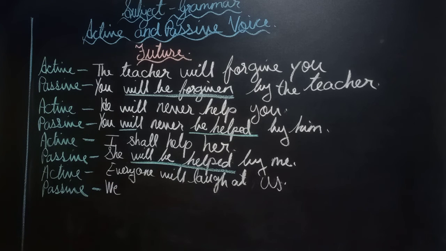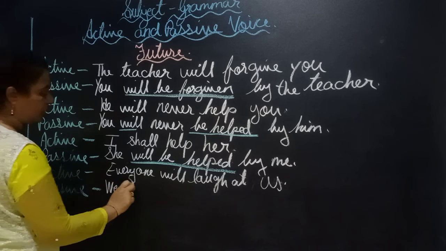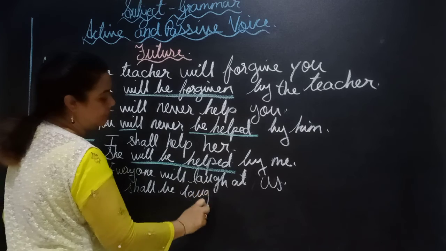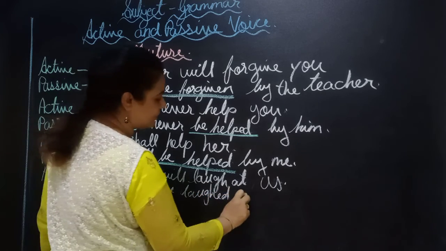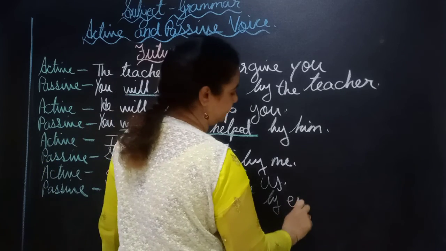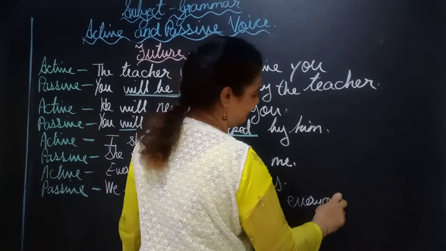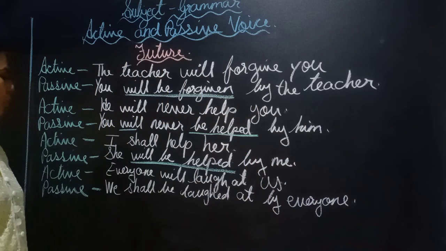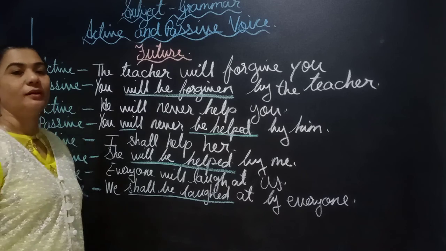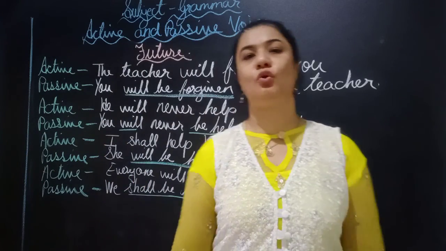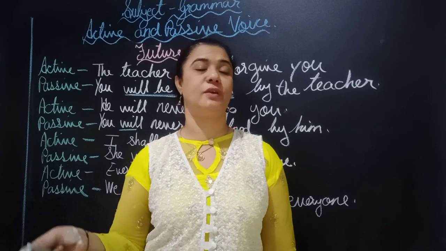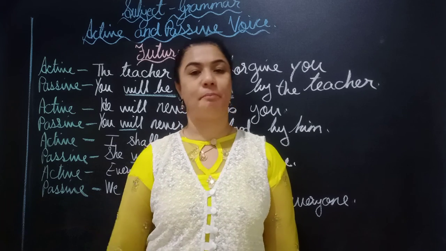So it will be: we shall be laughed at by everyone. Okay. Hope you all have understood this. Shall be laughed at. And please do write everything in your notebooks and recognize what kind of changes we are making from active to passive. Alright.